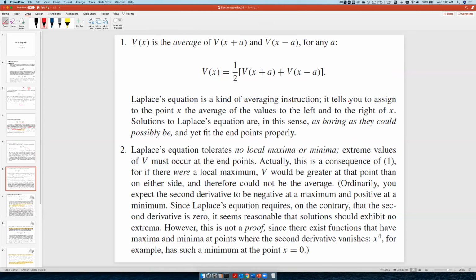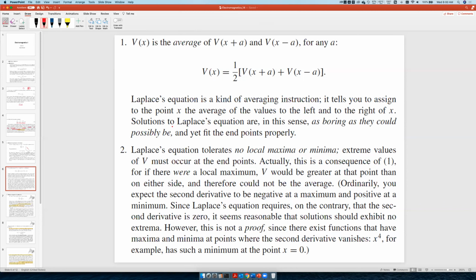It says that the Laplace equation is a kind of averaging instruction. It tells you to assign to the point x the average value to the left and to the right of x.